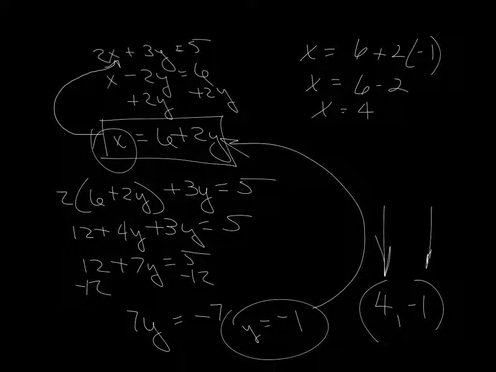Now let's go ahead and look at a couple of the applications. And the first application is example 9. It takes 2 hours for a boat to travel 28 miles downstream. So we have a boat going downstream, and it takes 2 hours, and the distance is 28 miles.